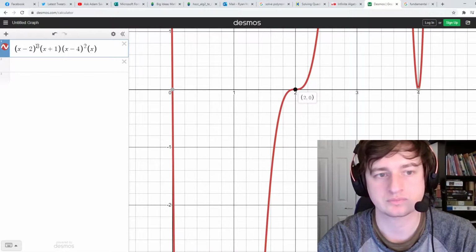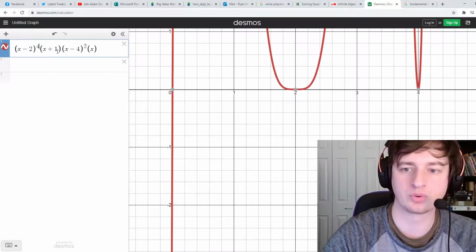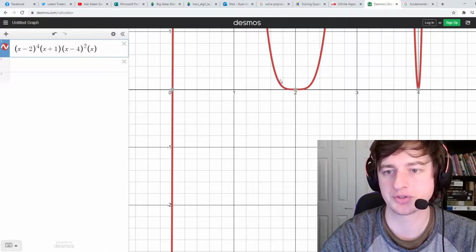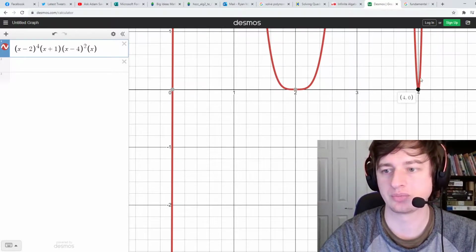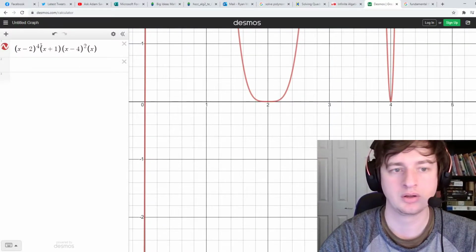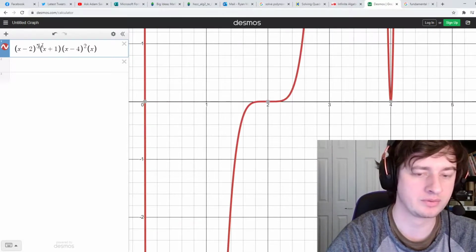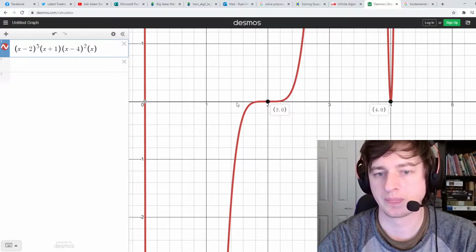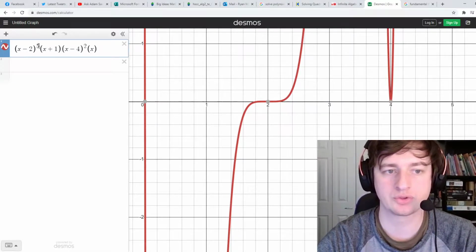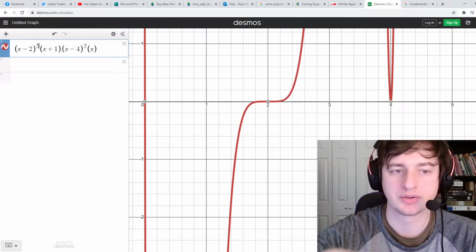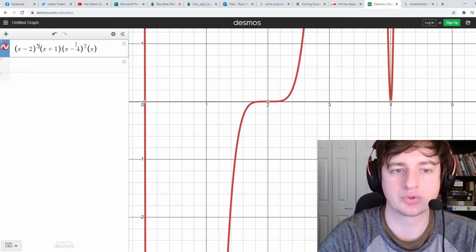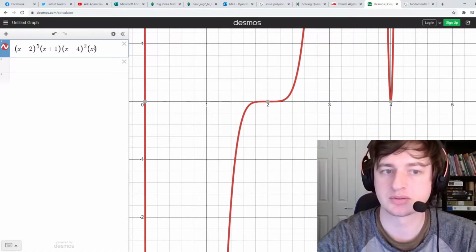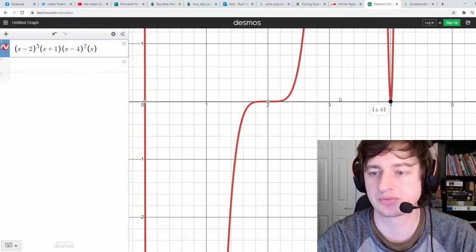Okay. And we could change it to a 4. That's going to look like a 4th degree function right here, as opposed to more like a quadratic. And if I change it to a 5, it's going to look like a 5th degree function. Okay. So odd multiplicities will still pass through. They'll just be curvy. Even multiplicities, like repeats of the solutions, are going to bounce.